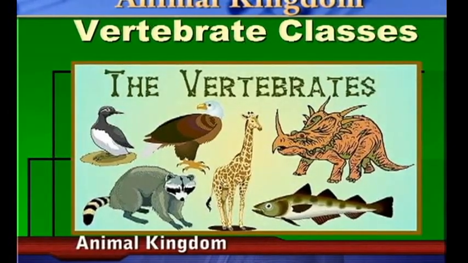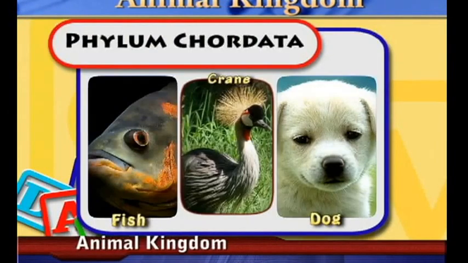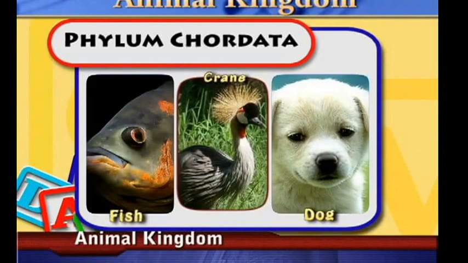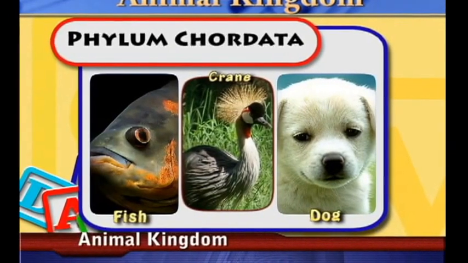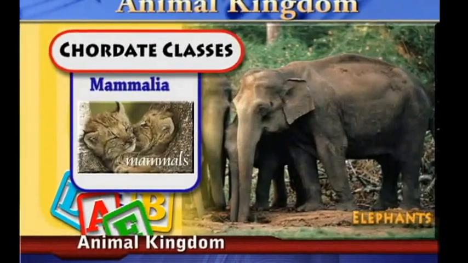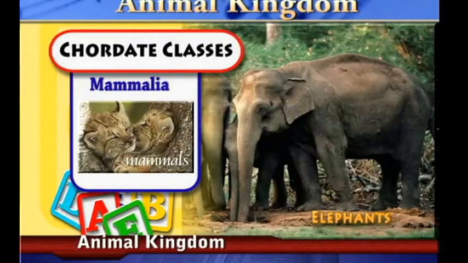Animals that have backbones fall in the phylum called Chordata. Phylum Chordata has got several classes. It has class Mammalia, where we find the mammals.